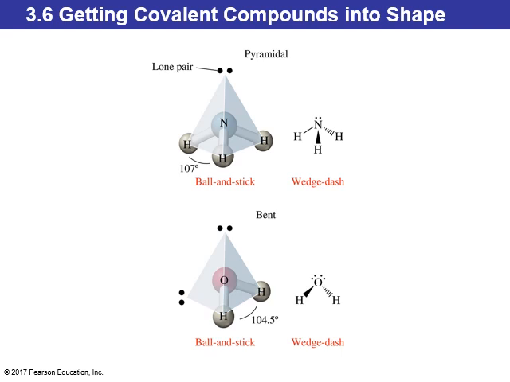So you've got this lone pair of electrons on the top of nitrogen here, and that forces these bonding electrons down, and it makes the bond angle a little tighter than what we saw in the tetrahedral formation, which was a 109.5. We see a 107 here, and that's because that lone pair takes up a little more space than the bonding electrons, as we discussed on the previous slide.